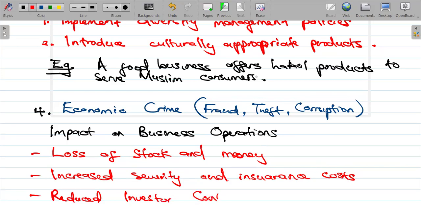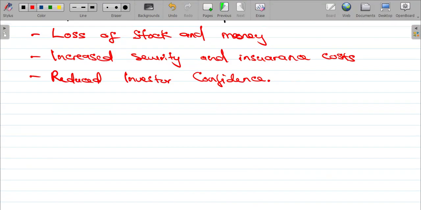Investors might lose confidence in buying shares for the business because they'll be afraid that there might be theft in the business, right? Or corruption or fraud. Right.